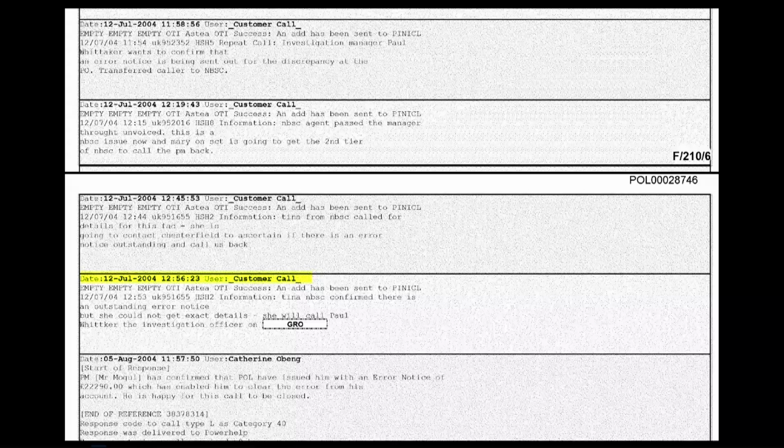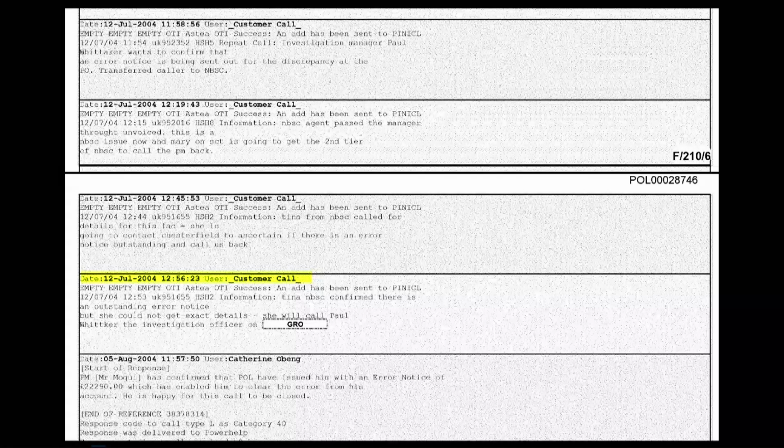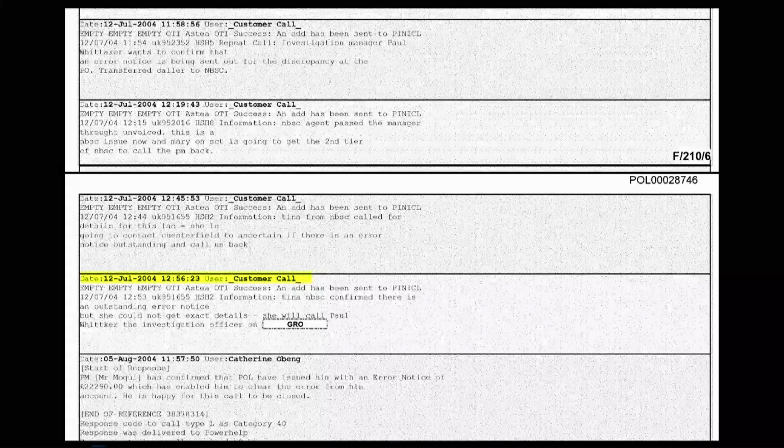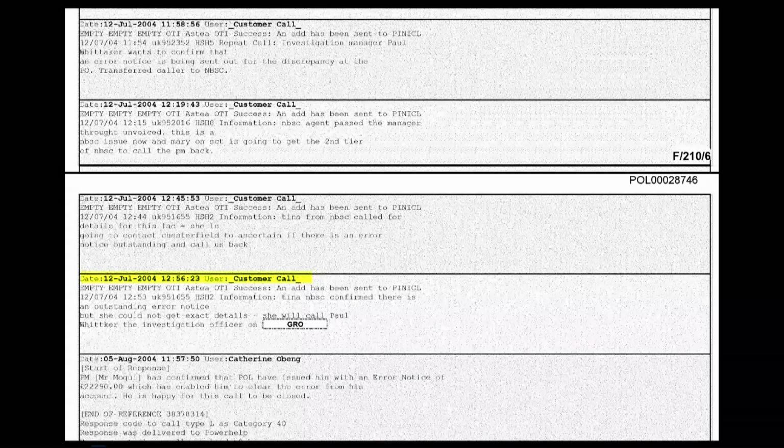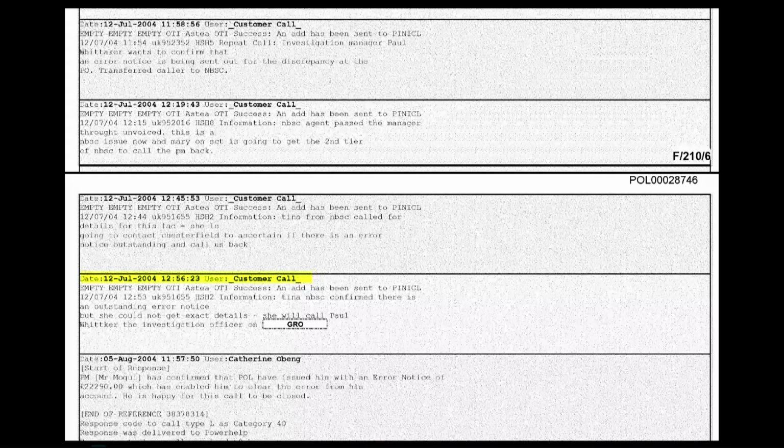Tina, MBSC, confirms there is an outstanding error notice, but she could not get the exact details. She will call Paul Whitaker, the investigation officer, on, and then a number is given. So it appears that by the 12th of July, an investigations manager is now involved. It looks like it from what's recorded there.